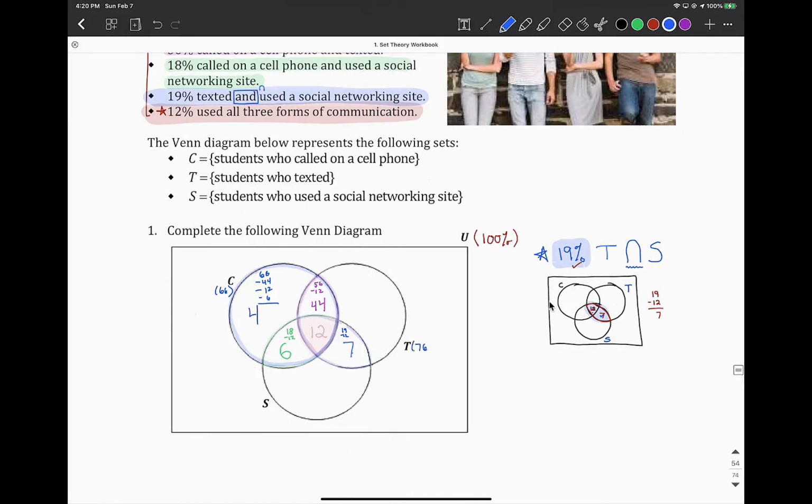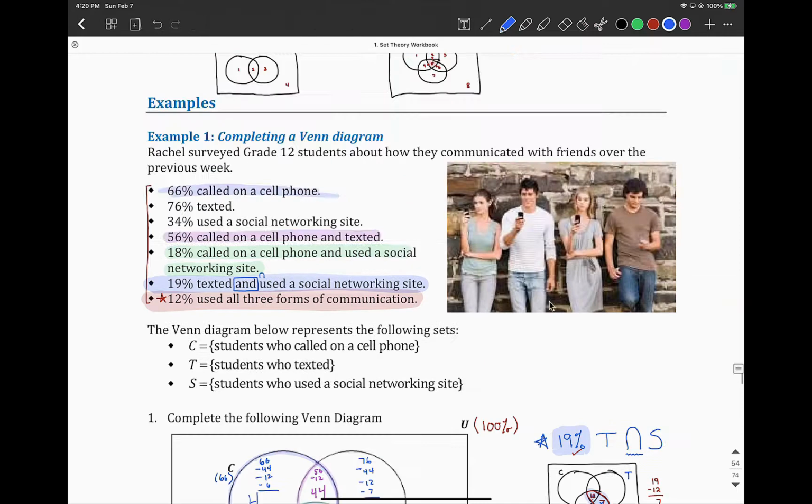76% texted. A lot of those percentages, again, are already there. And so 76 minus the 44 minus the 12 and minus the 7 is going to leave me with 13% only texted. And I'm good there. And then my last one, 34% used social networking.